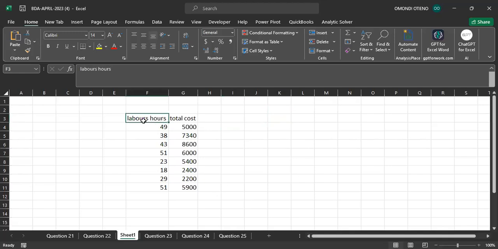If you want to look at the total cost you are going to incur, you'll be looking at the labor hours and the amount you'll be paying for the labor hours. Or if you want to know the labor hours, you look at the amount incurred. Which one depends on the other? Do you arrive at labor hours by determining total cost, or you arrive at total cost by looking at the total labor hours?